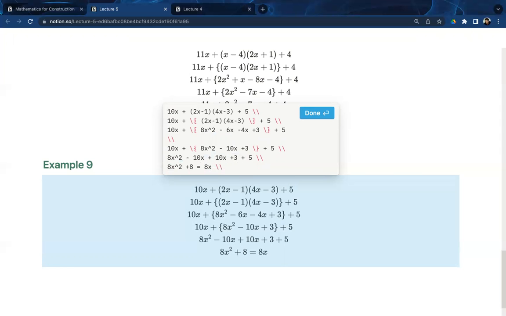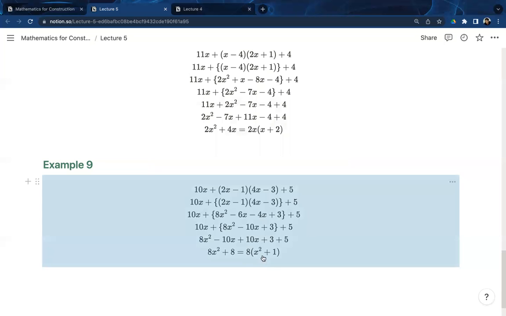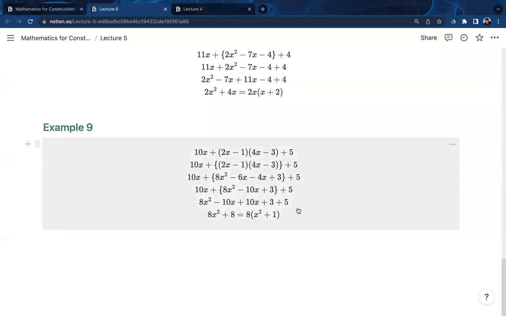This factorizes to 8 times x squared plus 1. So let us factorize 8, right? That's all we're really able to do here to get that question.